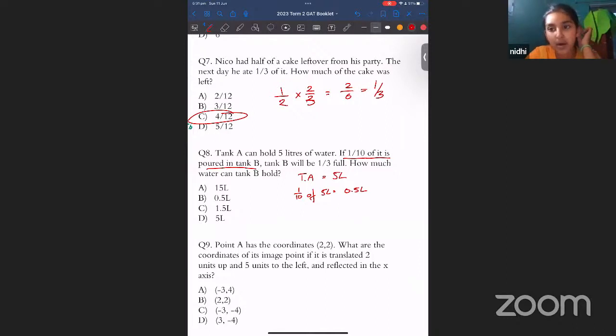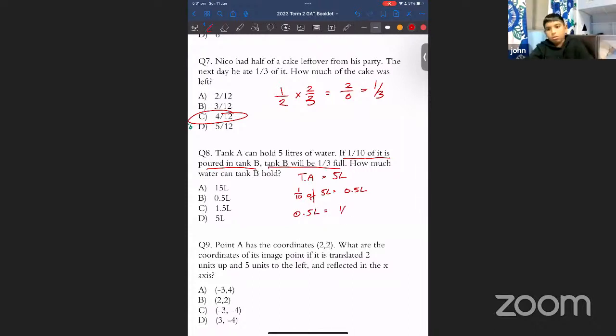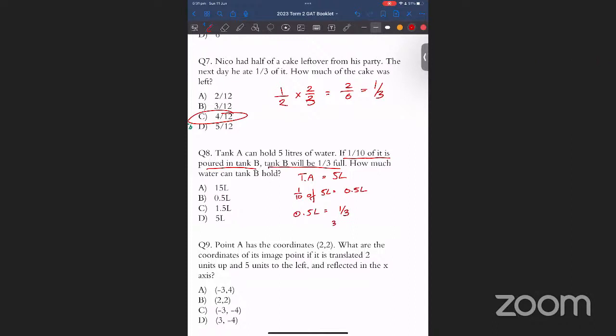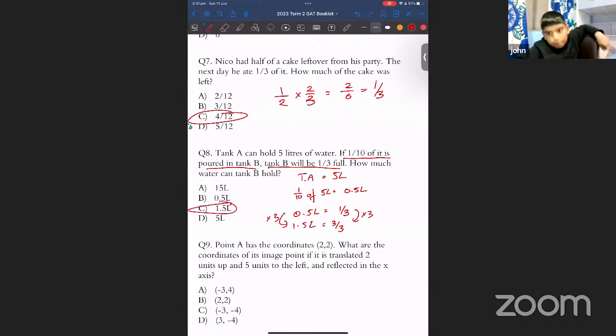So 0.5 liters is poured into tank B, and it will be 1/3 full. So 0.5 liters is the same as 1/3 of the tank. So what is 3/3 of the tank? It is 1.5, because you multiply this by 3 and you multiply this by 3. Pretty easy. Next question.